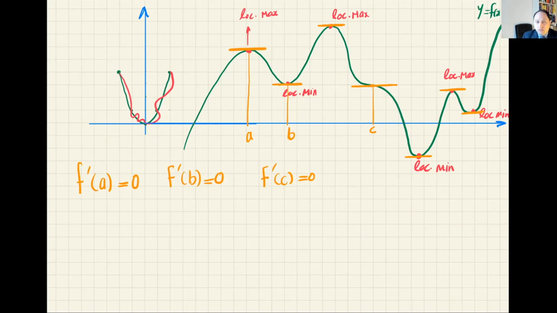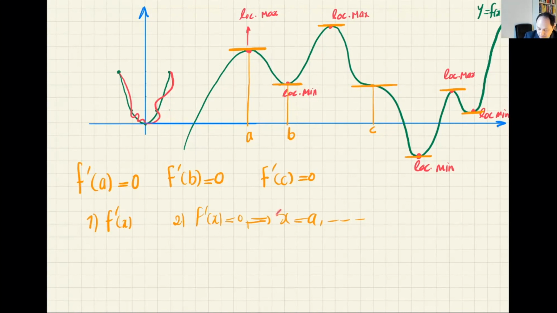So do you remember how we can do this? The first step that seems reasonable is to take the derivative. Step 1. Step 2, equate it to 0 and get some numbers, for example, x equal to a, and so on.